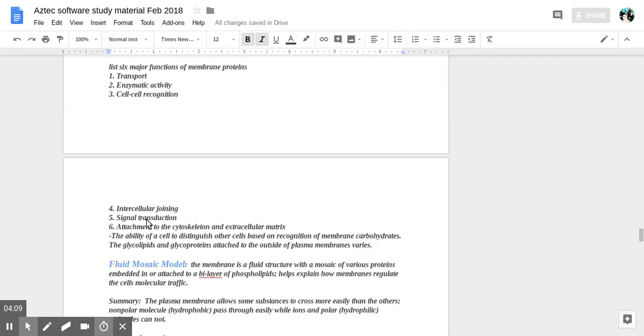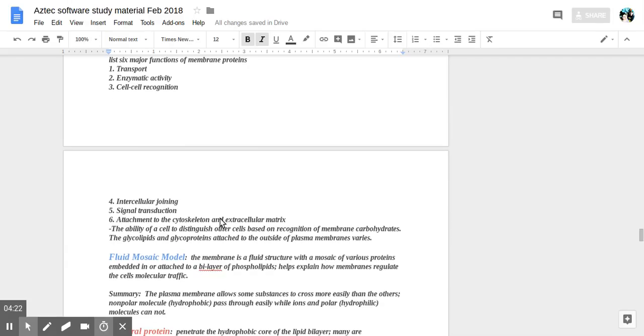Fifth one is signal transduction, and the sixth one is attachment to the cytoskeleton and extracellular matrix.